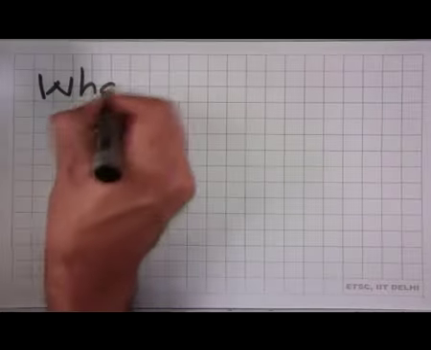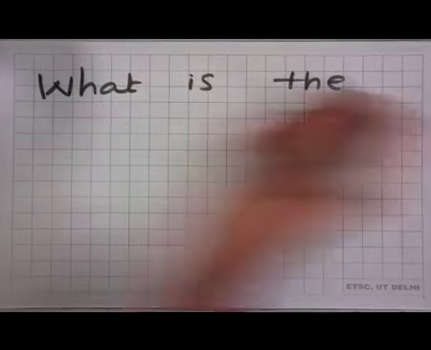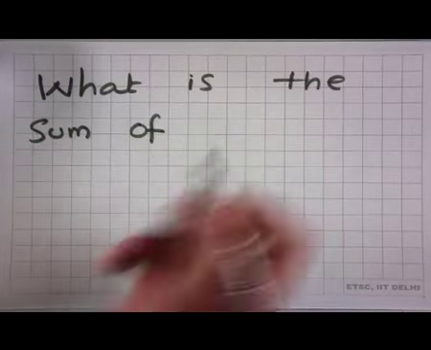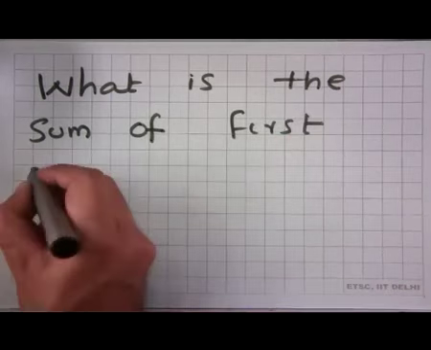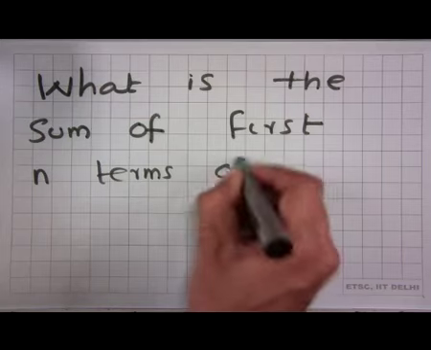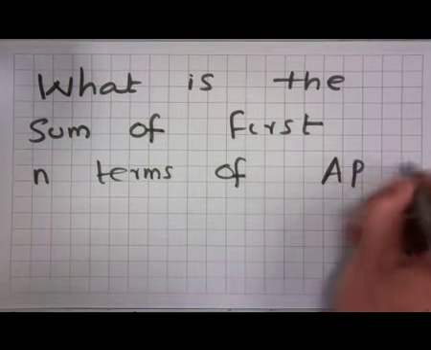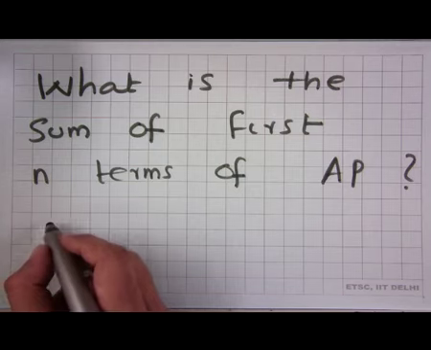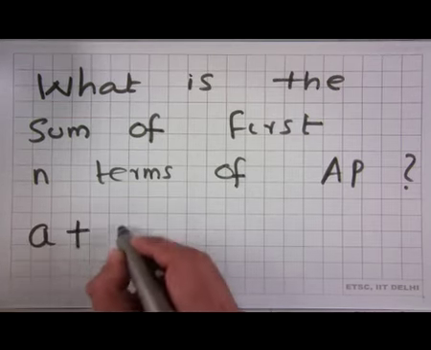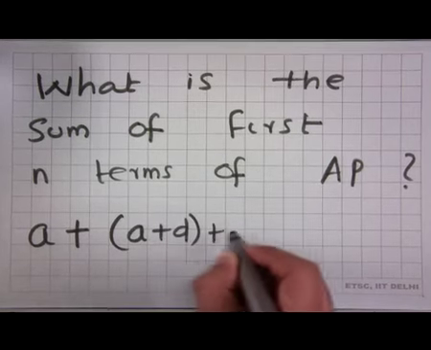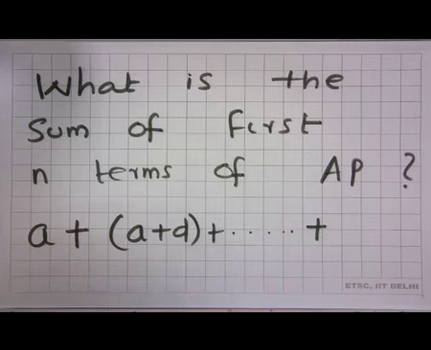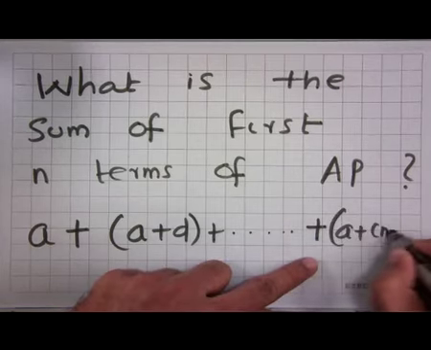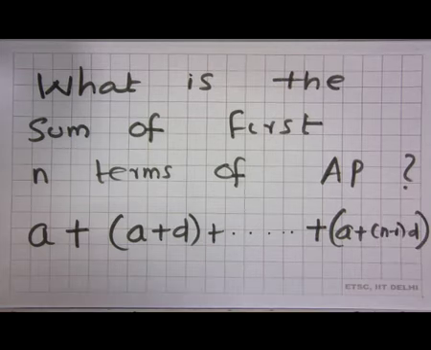What is the sum of the first n terms of this AP? In simple terms, we want to get an expression for a plus (a plus d) plus etc. up to the nth term, namely a plus n minus 1 into d. Can we have a closed form expression for this? That's what we want to investigate next.